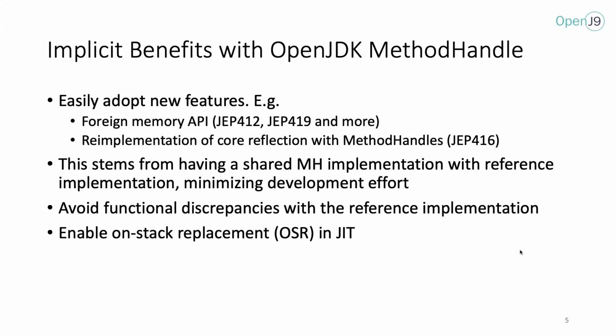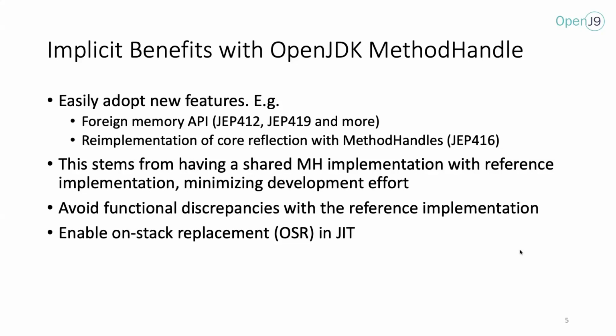Other benefits include that we avoid functional discrepancies with the reference implementation. Also, since we no longer have to maintain two different implementations in the VM and the JIT, we avoid that functional discrepancy as well.